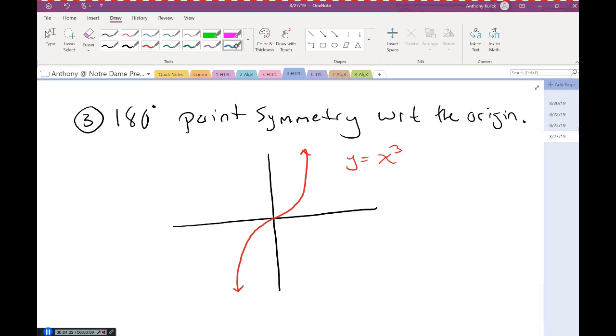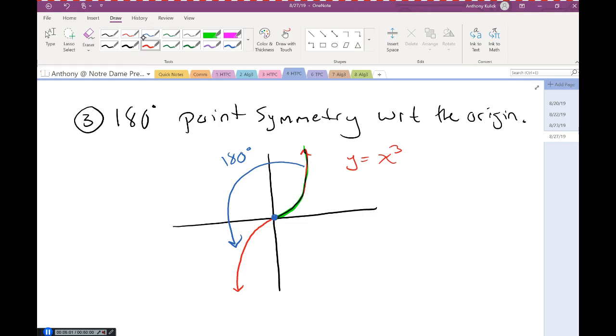Something like that. So the reason we call this 180-degree point symmetry with respect to the origin is, say we take this part of our graph, we anchor the tail of it on the origin, and if you rotate that graph 180 degrees, with the end anchored to the origin, it would lie exactly on top of the other part of the graph.